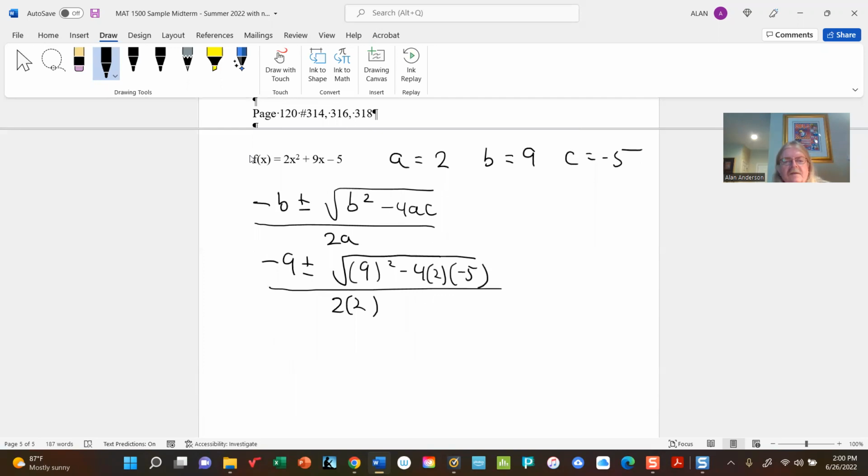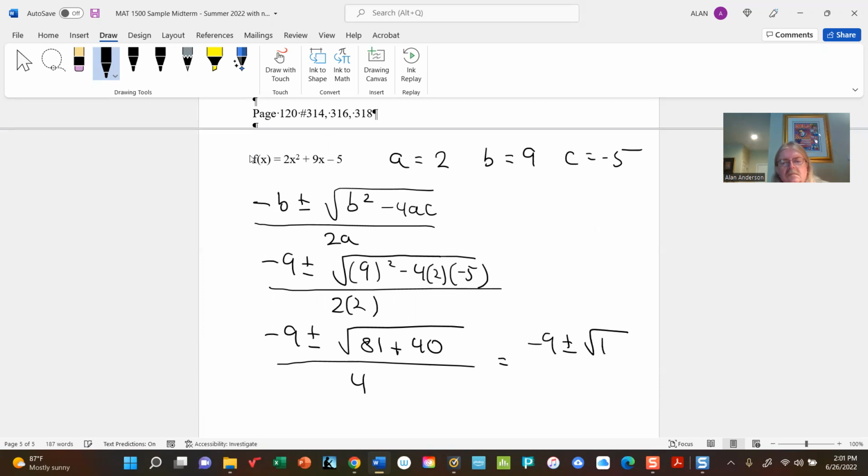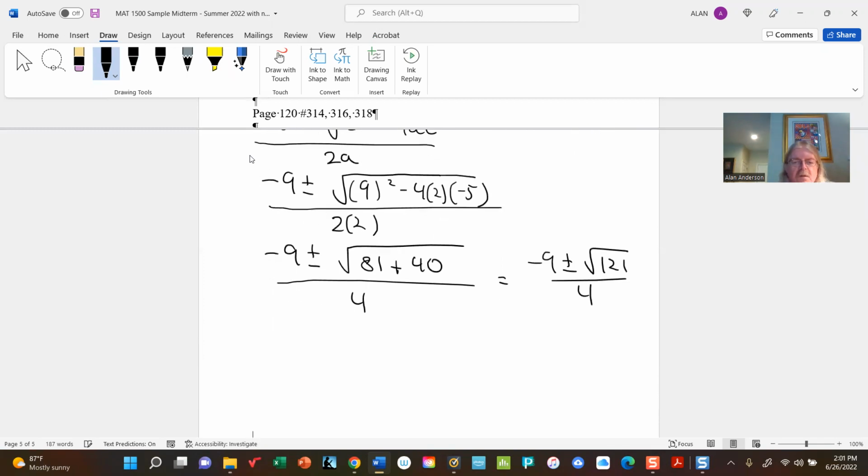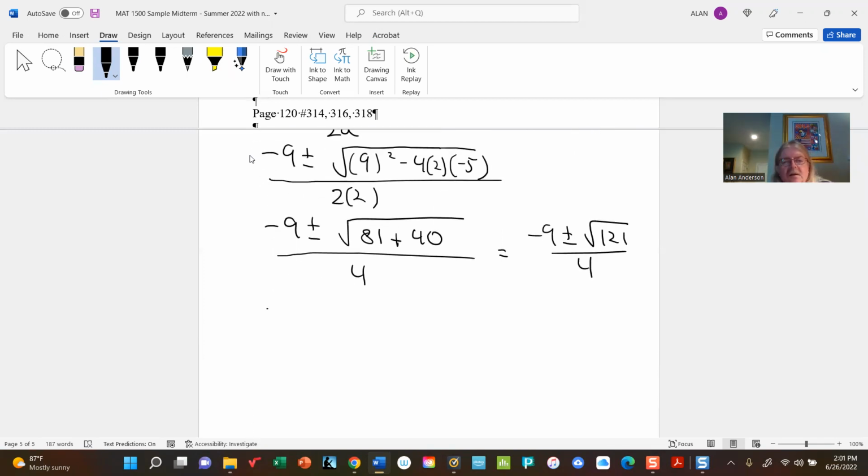All right, what do we have? Well, now it looks like we're in luck. 121 is a perfect square.